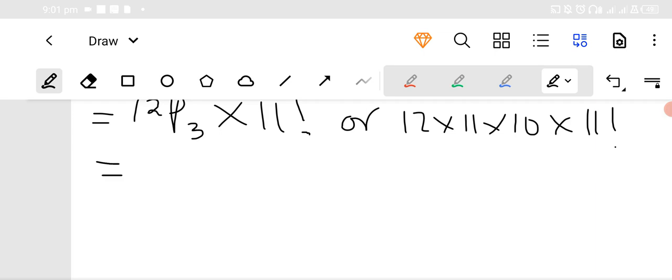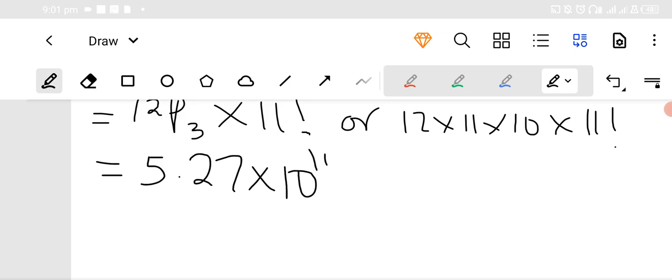It's equal to 12 permutate 3 multiplied by 11 factorial. You're going to have 5.27 multiplied by 10 to the power 10.